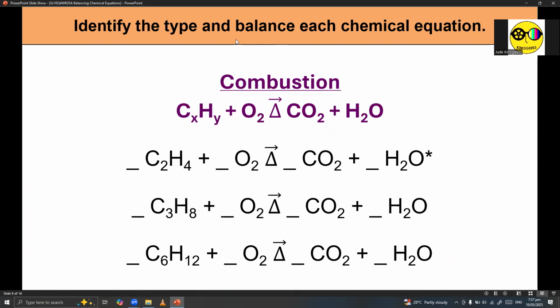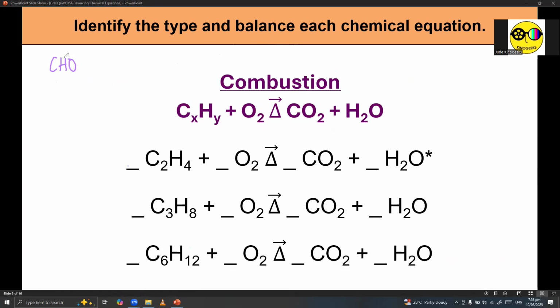Okay? In combustion, we follow a pattern in balancing. We follow the format CHO, meaning you balance carbon first, then hydrogen, and then oxygen.